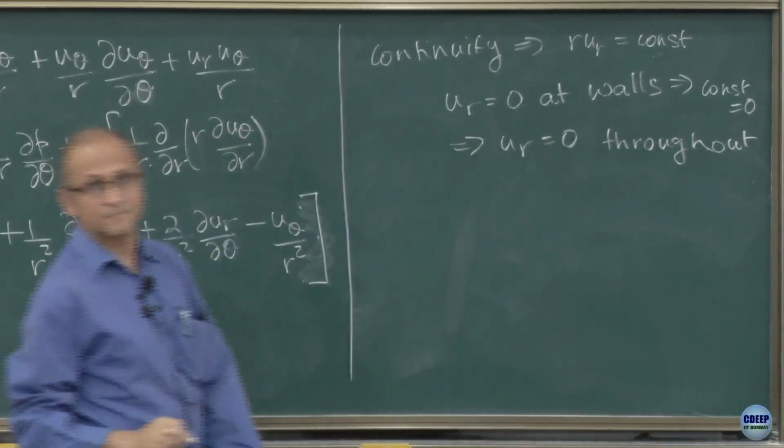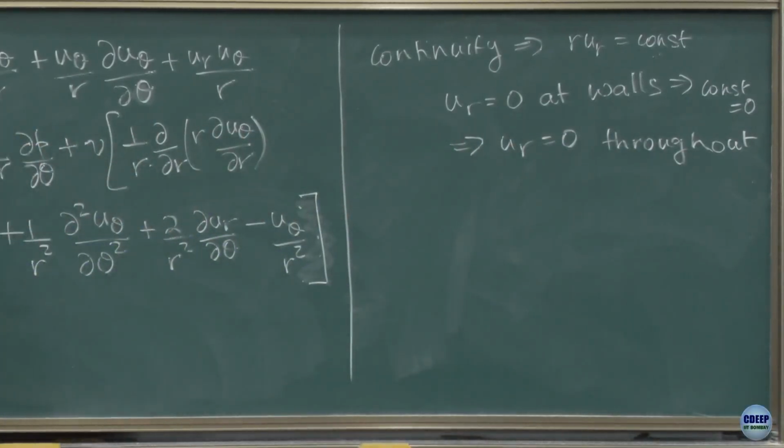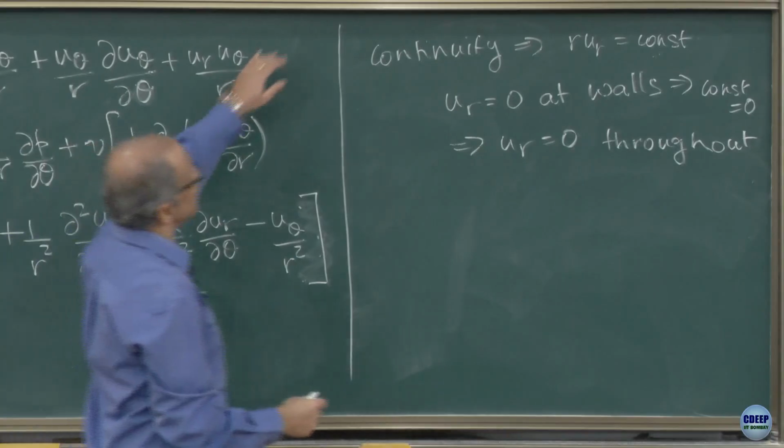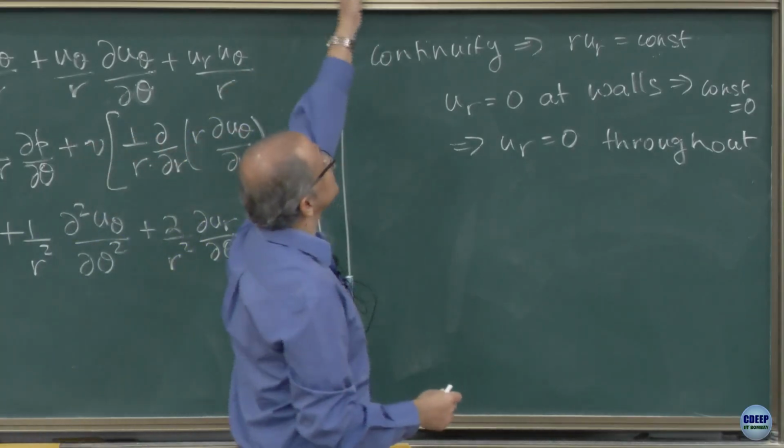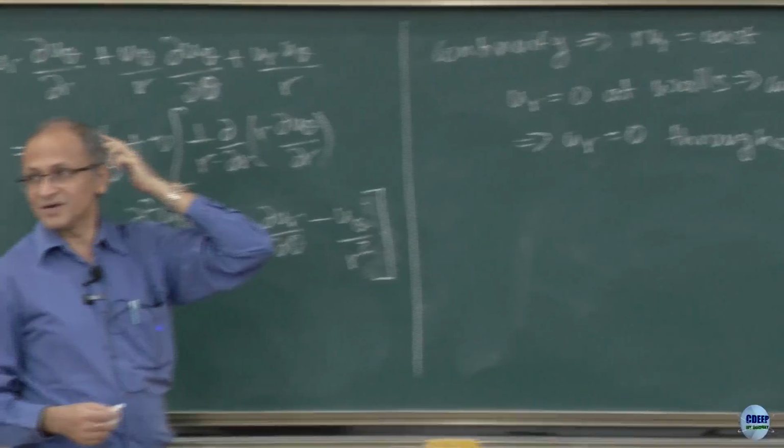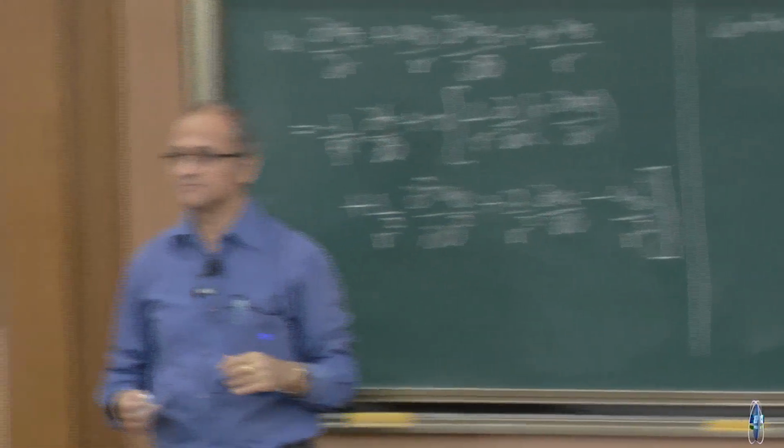Everybody with me? So now what is the next equation that we should solve? The r momentum equation, and the theta momentum equation, where the action is in the theta direction, we should solve at the end. Correct? Same thing we are going to do here. So which of these two is the r momentum and which one is the theta momentum?